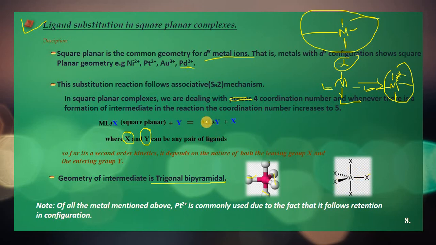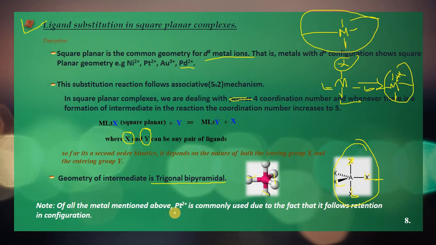So let me use this illustration above. This will be L, L, L, 3, and this is S. So far this Y is attaching to it. Let me say this is Y. So we now call the name trigonal bipyramidal.